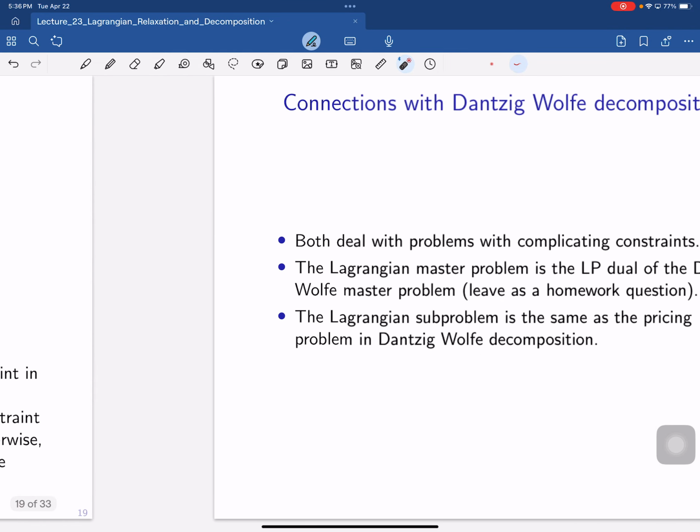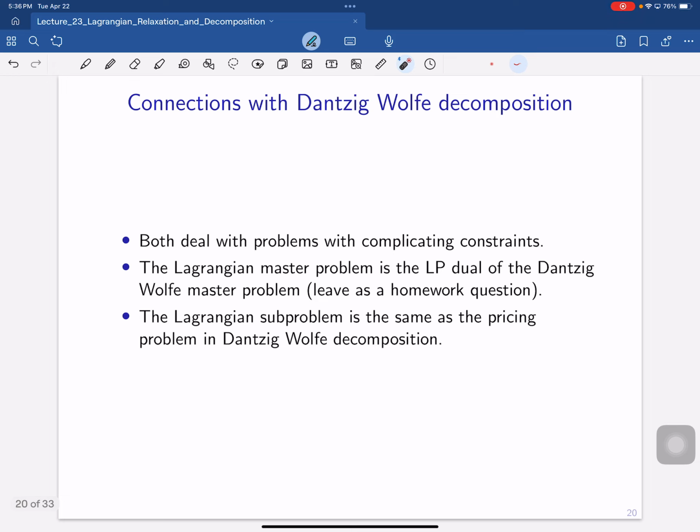Now, another thing you can try to do, I will leave as a homework question. You can find that the Lagrangian master problem is the linear programming dual of the Dantzig-Wolfe master problem. In the Dantzig-Wolfe master problem, each extreme point corresponds to a column.